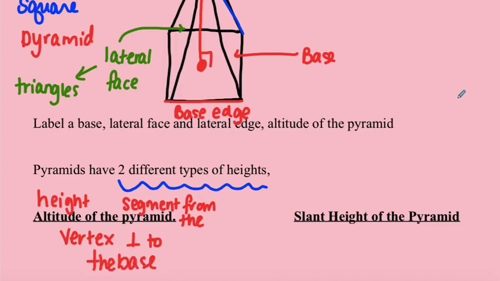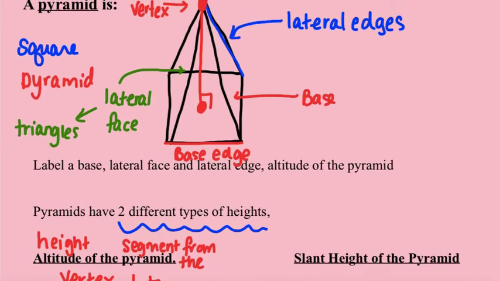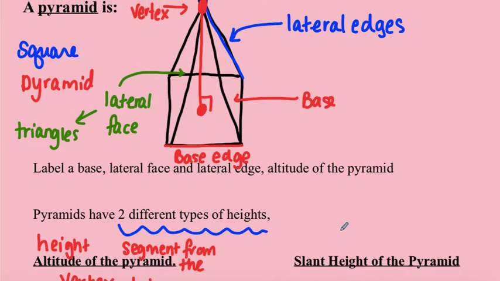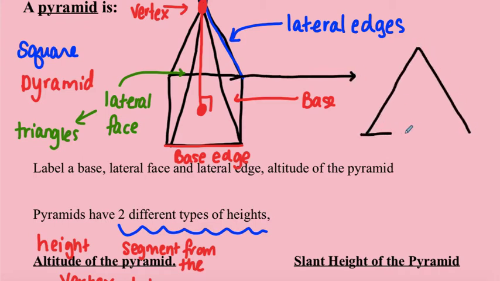Okay? But you might be thinking, what's this slant height? Well, if you notice, the sides of a pyramid are slanted. So if I pull this lateral face out, it also has a height because it's a triangle, and all triangles have heights.